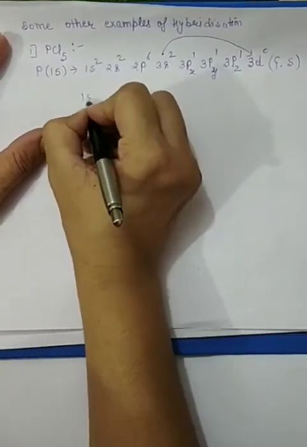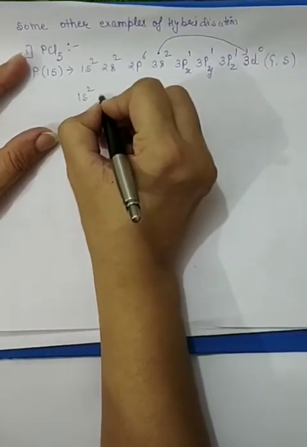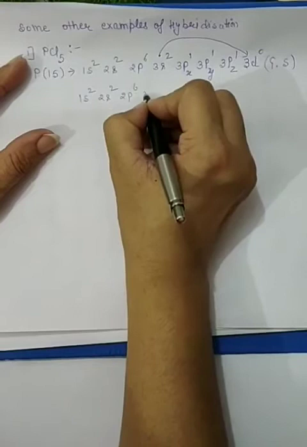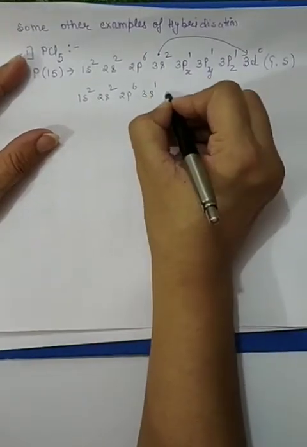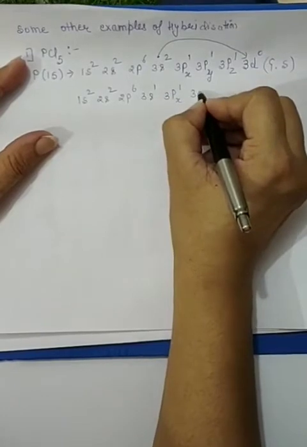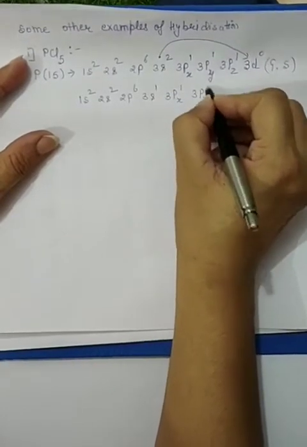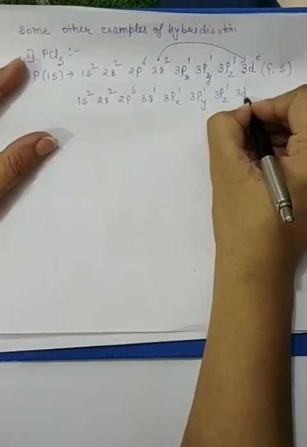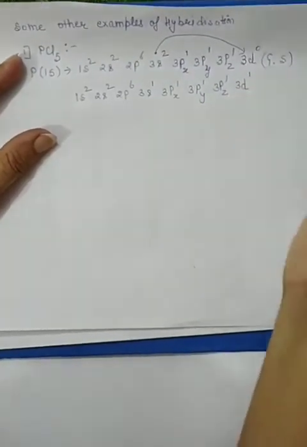So the electronic configuration will be 1s2, 2s2, 2p6, 3s1, 3px1, 3py1, 3pz1 and 3d1.